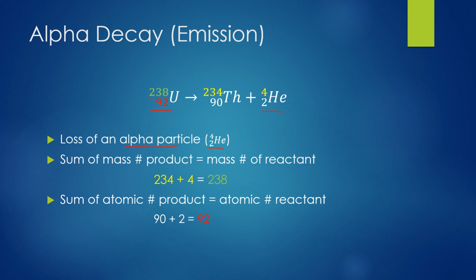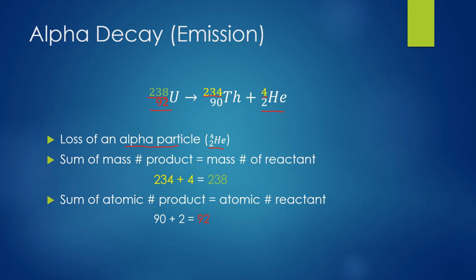So you see this number in green, 238, that is the mass number. Well, we know that 4 of those are helium, so that leaves 234 for my other product. What do I mean by that?